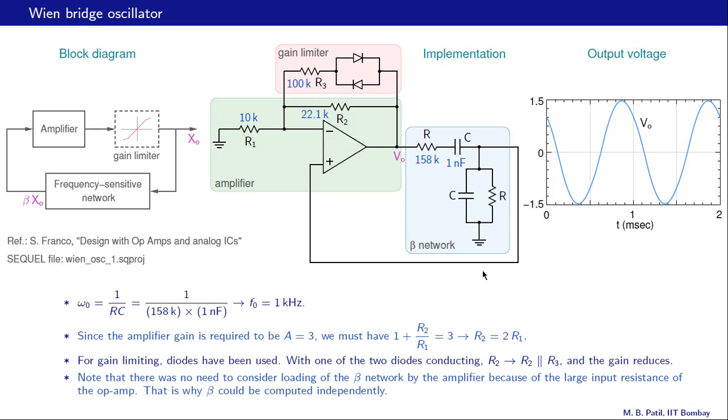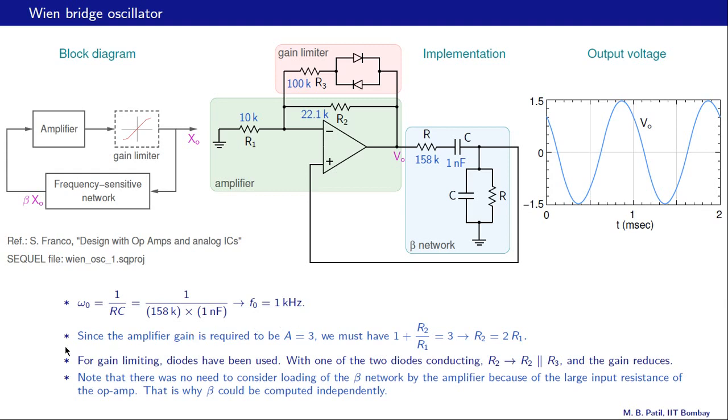And that is very clear in this output voltage plot. We have 2 milliseconds here, and we have exactly 2 cycles in 2 milliseconds. So therefore the period is 1 millisecond. That means the frequency is 1 kilohertz.